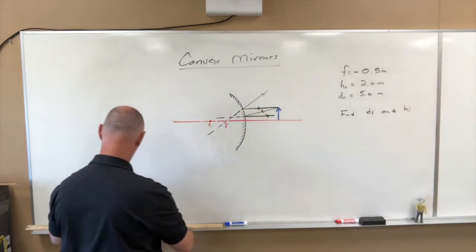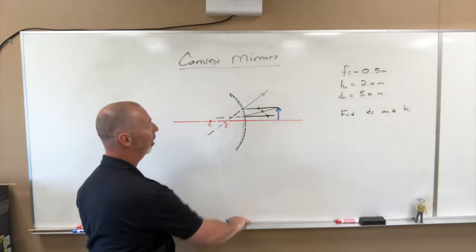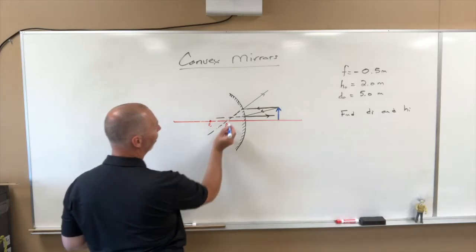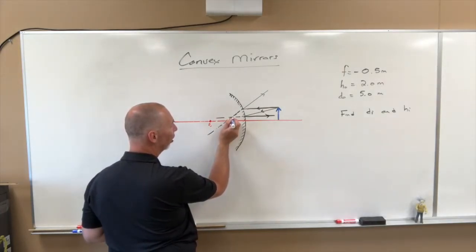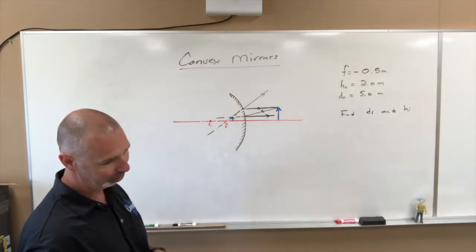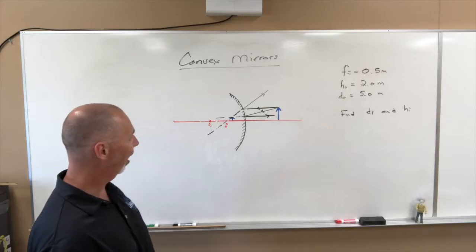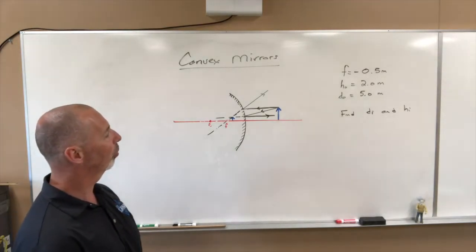All right, so there we have our ray diagram coming from the tip of that arrow, meaning that the tip of the arrow is going to be at the intersection point there, and there will be my arrow, okay? Something like that. Now let's go ahead and use the formulas to find the information that we want.